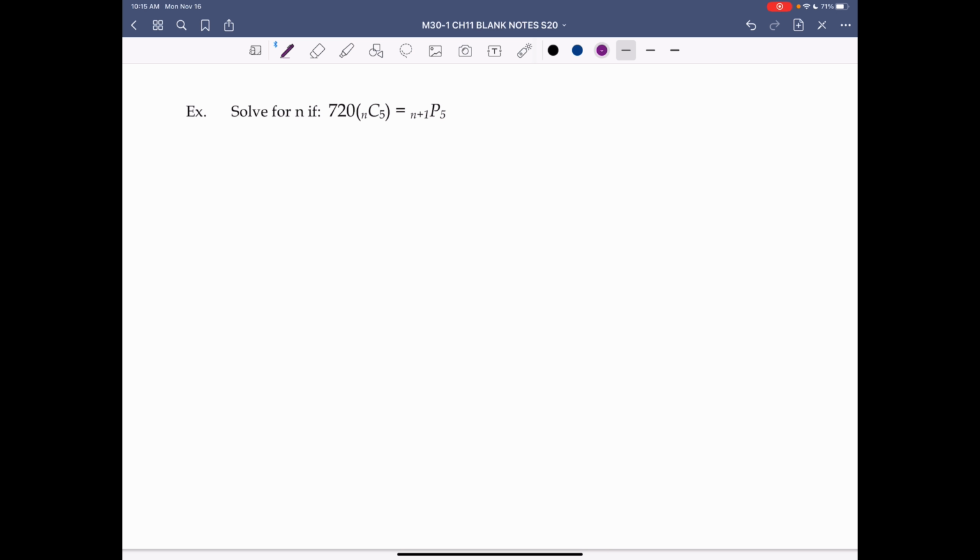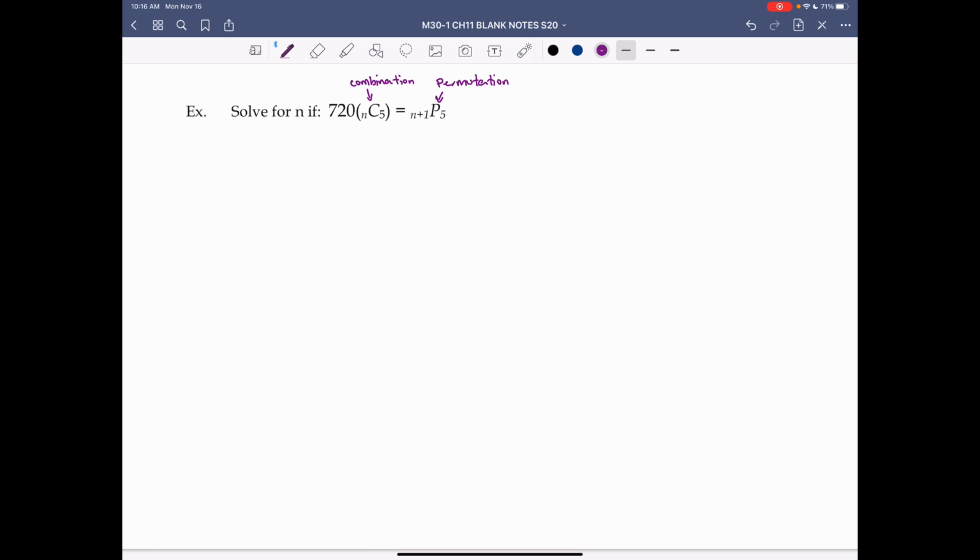Next one, solve for n if 720 times nC5 equals (n+1)P5. So this is a combination, and this is a permutation.